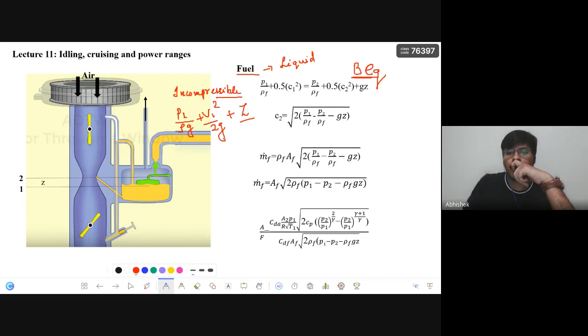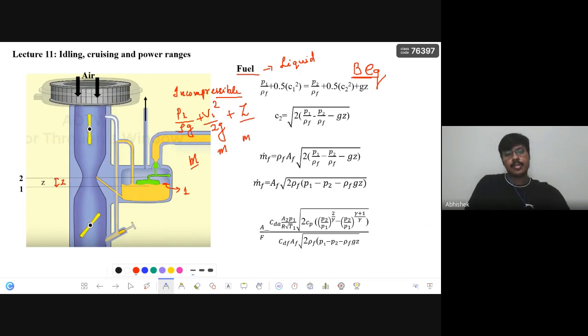These are all in the form of head, which means the unit will be meter. V1 square by 2g is also meter, and this one is also meter. Here the 1 and 2 have changed. The location 1 is where the fuel is, and the location 2 is at the orifice, and the height is Z.